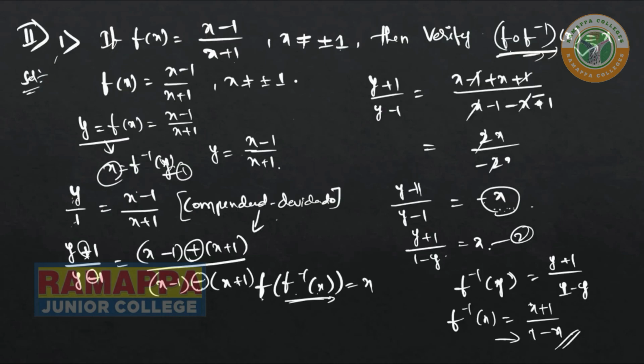What we have to do is show that f of f inverse of x is equal to x. So f inverse of x, what we got here, is (x plus 1) by (1 minus x).